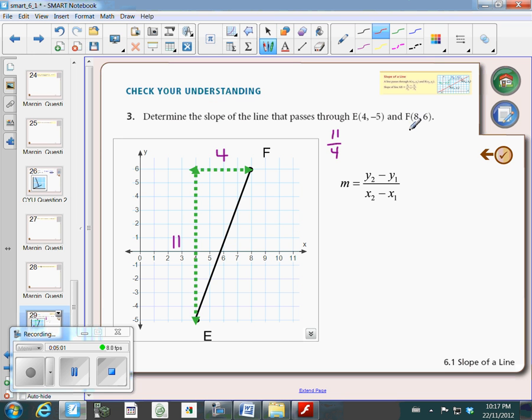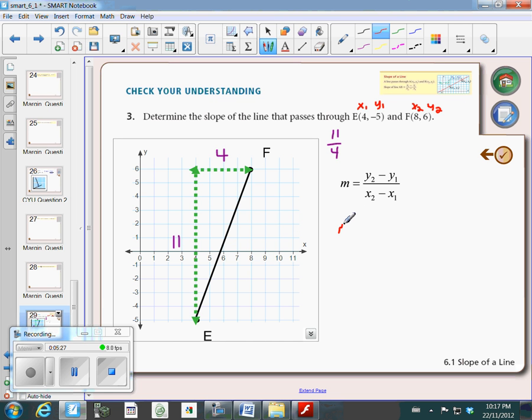We need to pick a point to be x1, y1. It doesn't matter which one you pick, but whatever you call x1, its corresponding point needs to be y1. So if this is x2, 6 would need to be y2. Y sub 2 means y value number 2.